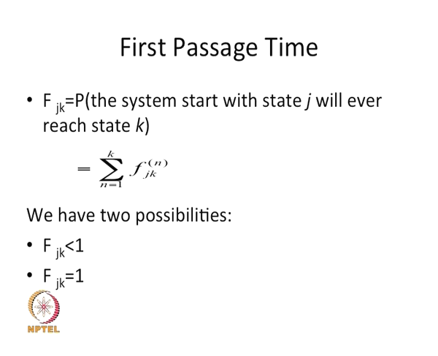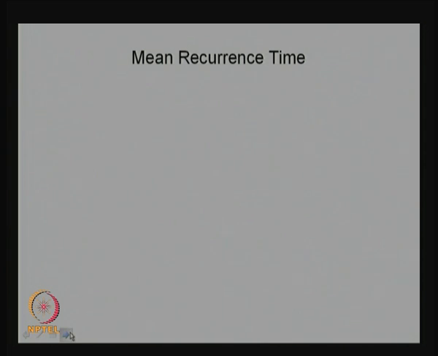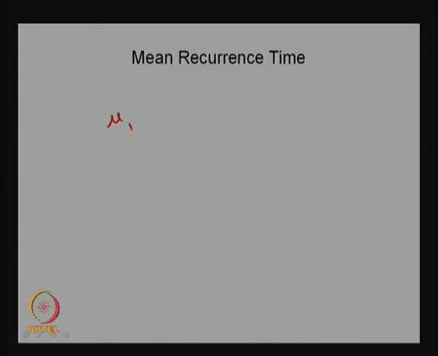So, using this I am going to give the next concept called mean first passage time or mean recurrence time. Mean first passage time is the same as the mean recurrence time, defined as mu suffix j k. It is the average first passage time or average recurrence time when the system starts from the state j to the state k.